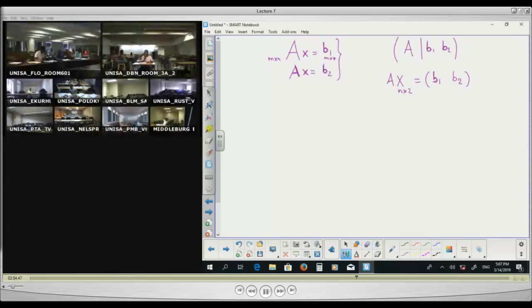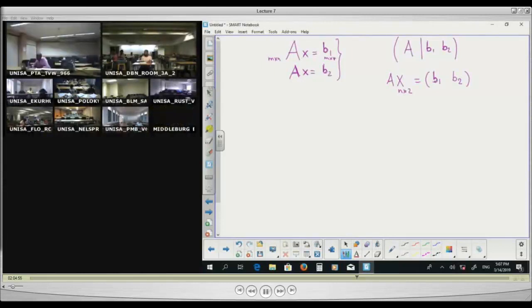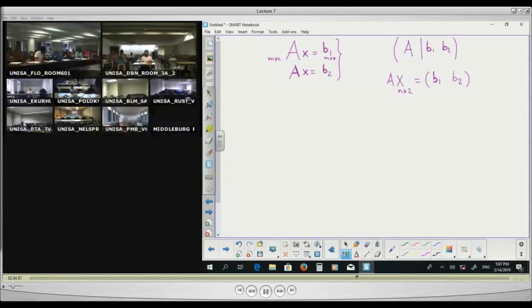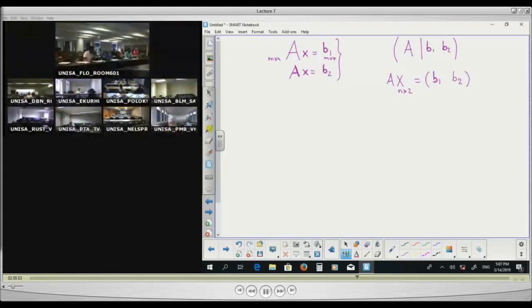What happens if you have all the rows being 0?